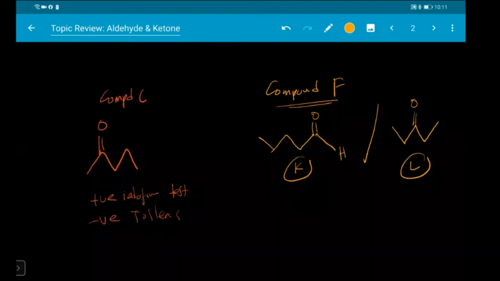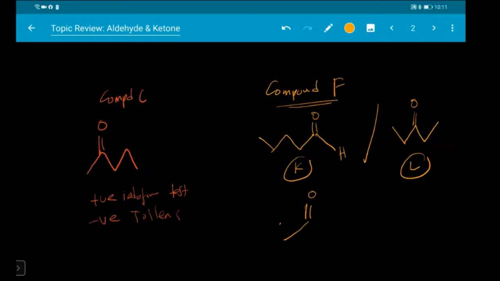Alright, jawapan yang tak boleh diterima kalau macam ni, C double bond O. Macam ni. Yang M ni tak boleh diterima.